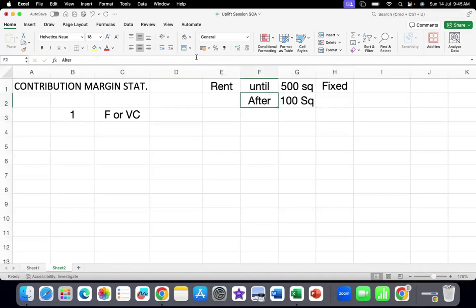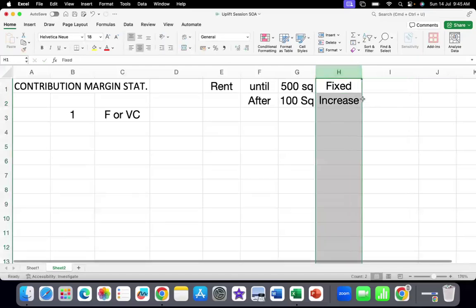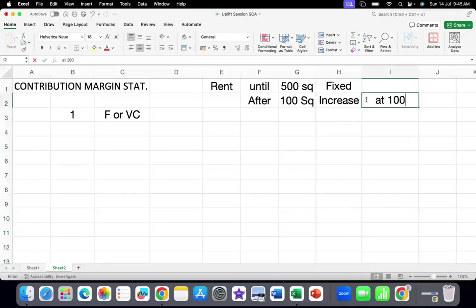So after 500, for every 100 it is going to increase by, for example, $100. Because you have an equation in place, it is important for you to segregate the total cost into fixed and variable. So you cannot keep the cost as a semi-variable element. Every semi-variable cost has to be segregated either into fixed or variable, or partially segregated.